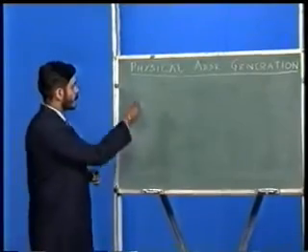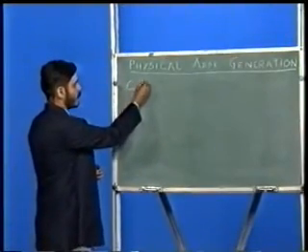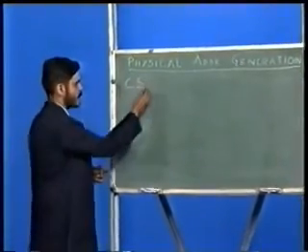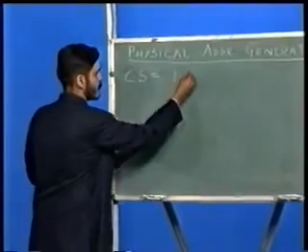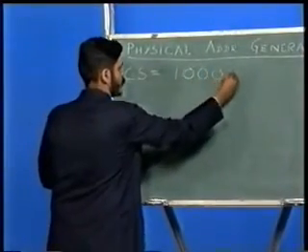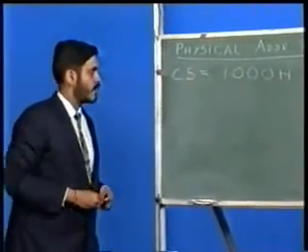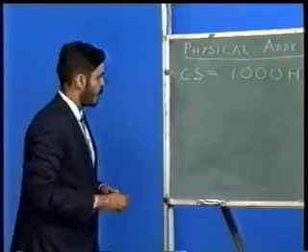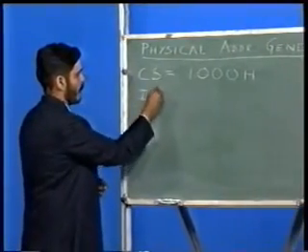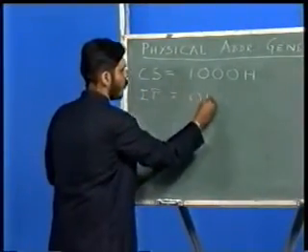Let us consider an example of physical address generation in 8086. Let us consider the segment address to be in the code segment register CS with the contents 1000H. Further, let the offset be in the instruction pointer IP having a value 0111H.